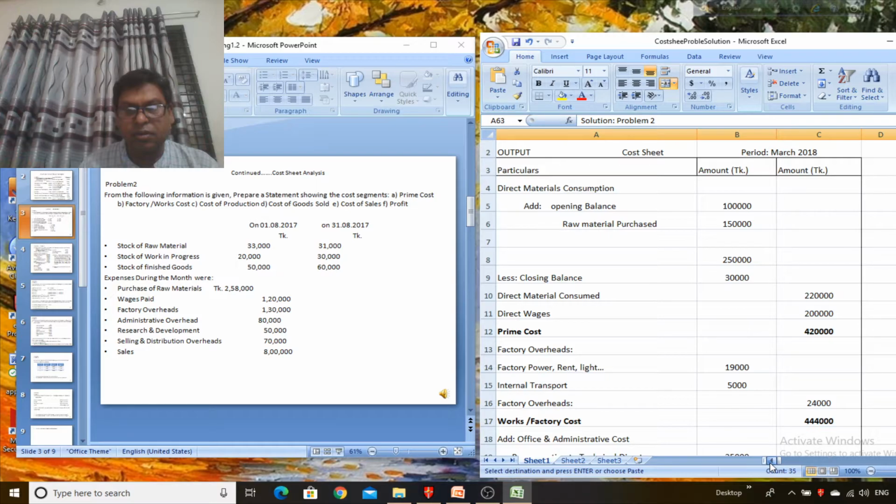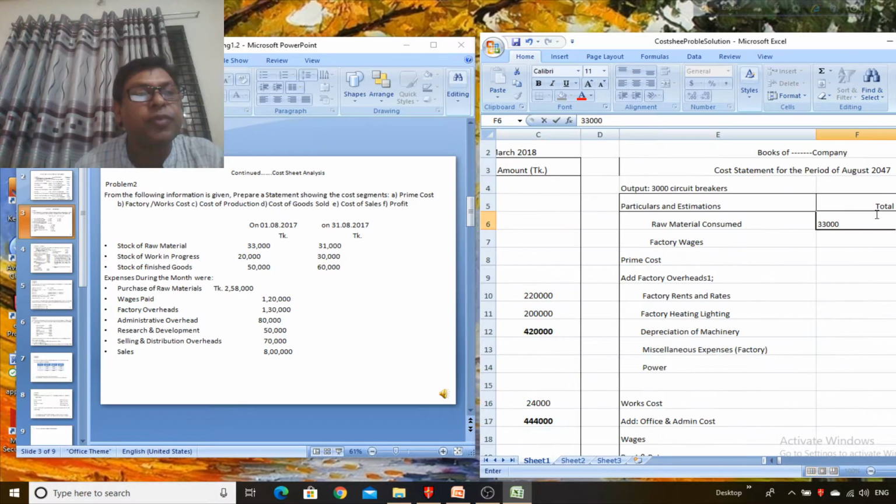Opening stock 33,000 taka. Purchase of raw material 2,50,000 taka.